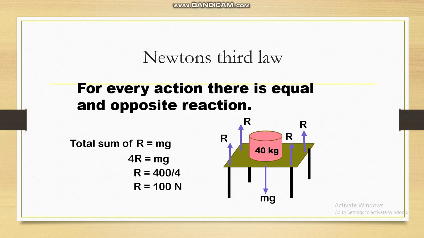The reaction is distributed equally on all the supports of the table if the object is at the center, and the total sum must be 400 newtons, equivalent to mass times gravitational acceleration, which is the weight.